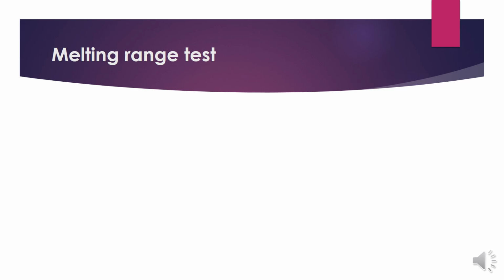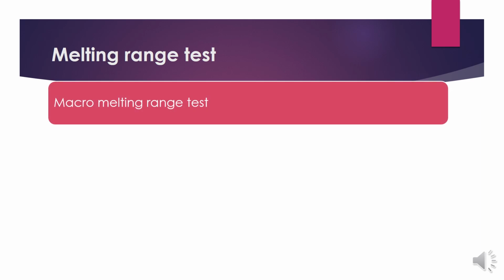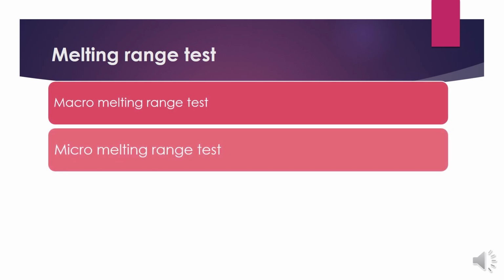So the next test we are going to discuss is the melting range test, which is also termed the macro melting range test. Another term that is used is the micro melting range test. We will be discussing it in the next slides. But this melting range test is termed the macro melting range test.